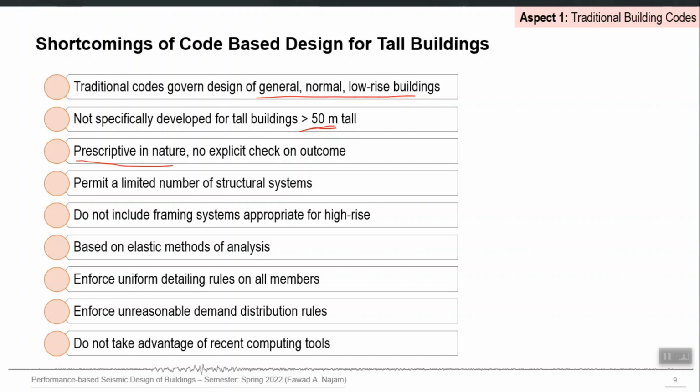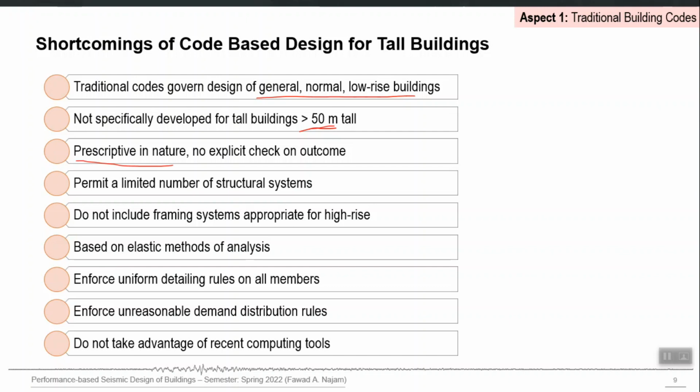So all building codes are prescriptive. The traditional building codes give you a step-by-step procedure or rules or limits to follow, right? But the modern building codes now start changing. They are incorporating concepts related to performance-based design, or they are now more performance-oriented instead of prescriptive, right?